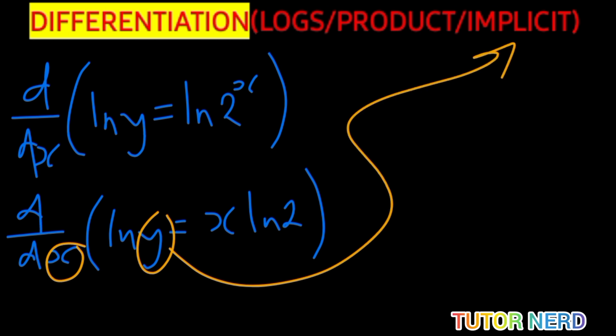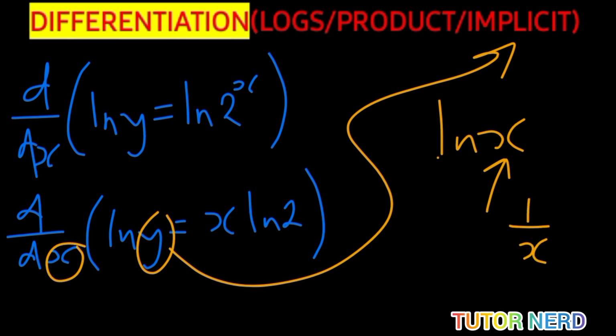So this now introduces us to implicit differentiation. If we have a function, say ln x, and you want to differentiate it, we differentiate it normally. If we differentiate ln x, we're going to have 1 over x.